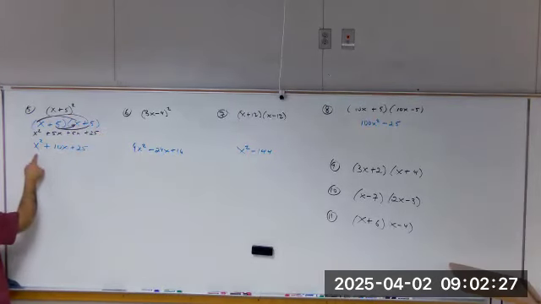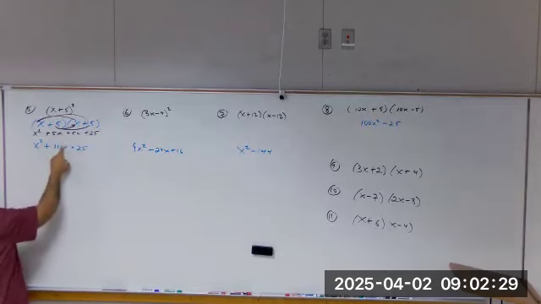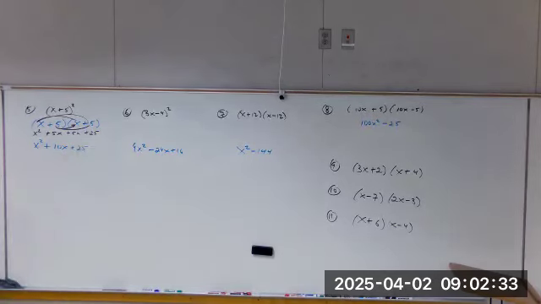There's my X squared. 5X plus 5X is the 10X in the middle. And there's my 25. But we can't keep doing X squared plus 25 anymore. There's something wrong with putting that.